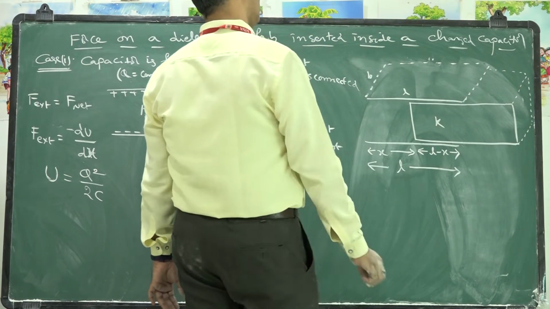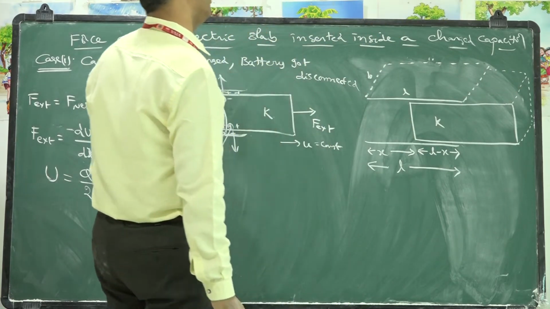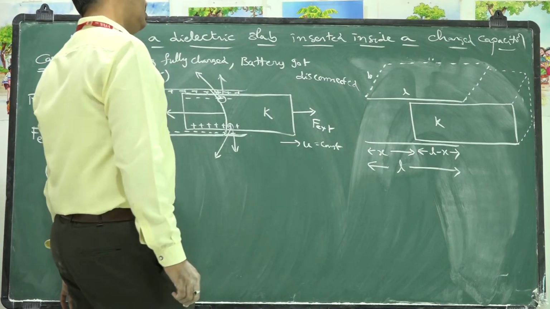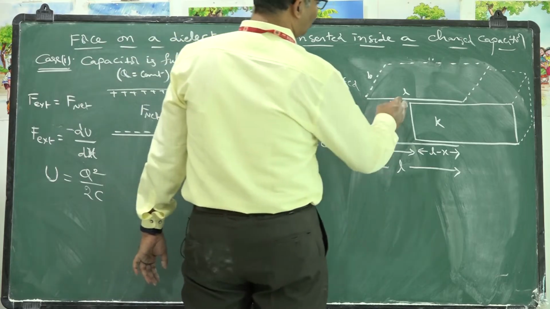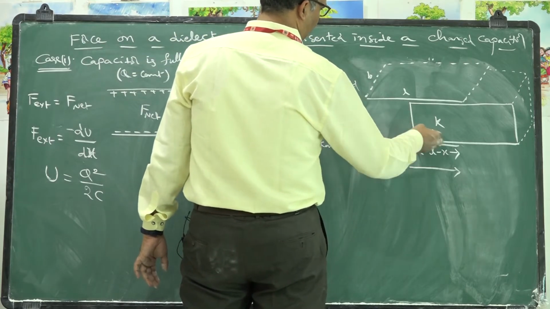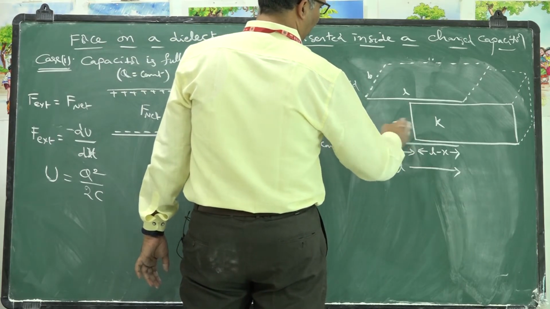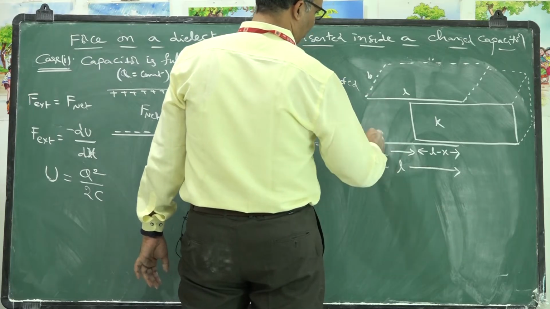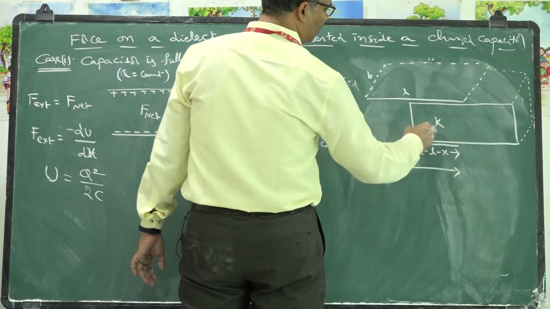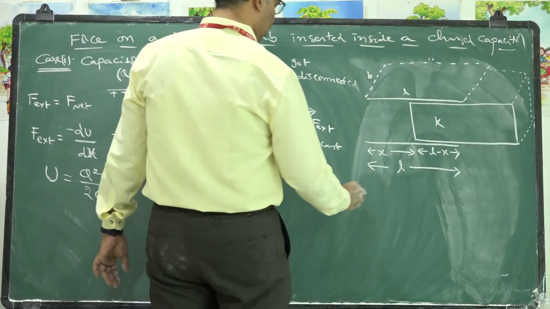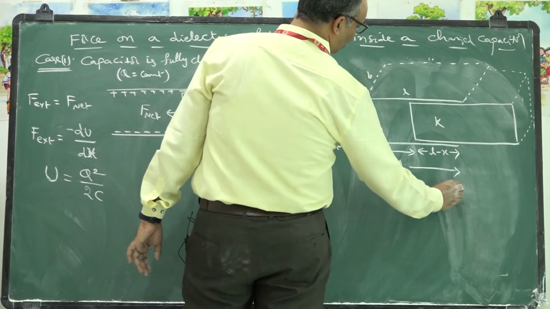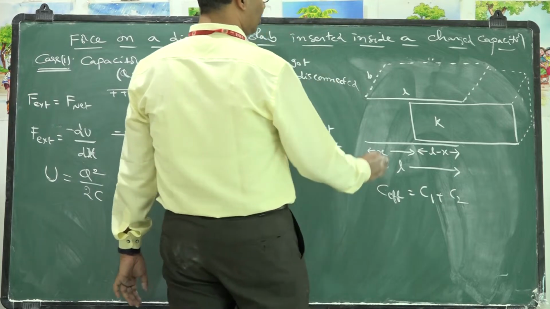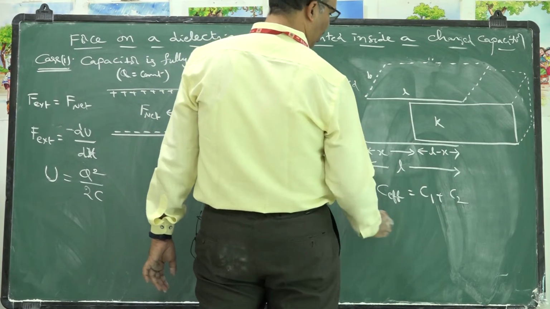This dielectric slab is pulled outwards by applying some external force. Here the capacitance can be calculated by taking this air space and this dielectric space into consideration. So C effective is C1 plus C2. C1 is the capacitance of this part.